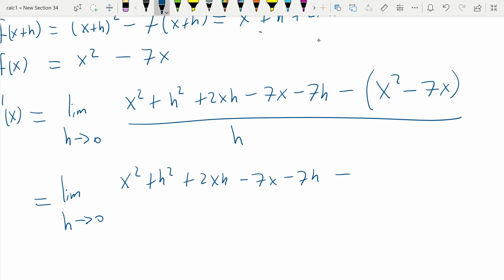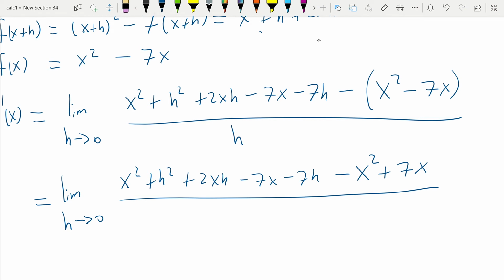Since x squared has a plus 1 in front of it, you can think of x squared as being plus 1 times x squared. Then that is turned into minus x squared. Now when you distribute this minus inside, for the second term you have minus minus, so that becomes a plus 7x.